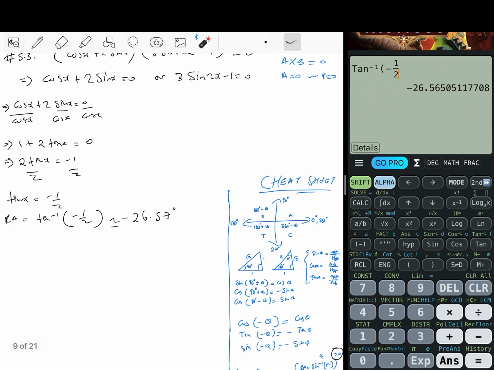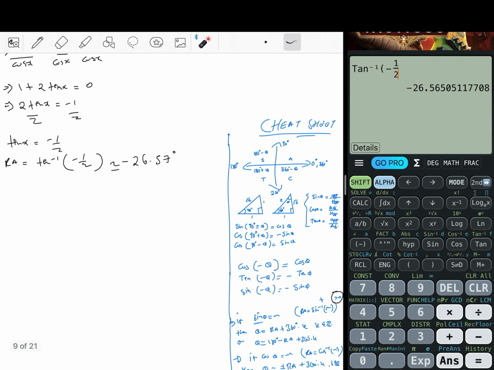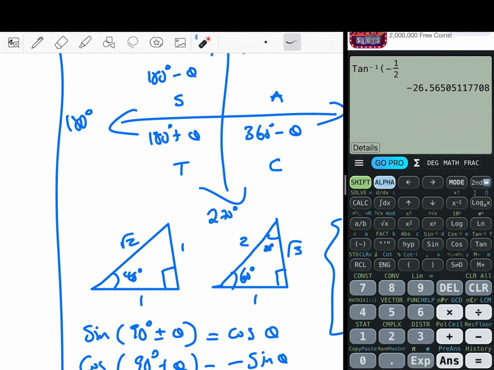So the way you would do this, for tan to be positive, tan is positive in the third quadrant. And in the third quadrant, you say 180 plus theta.